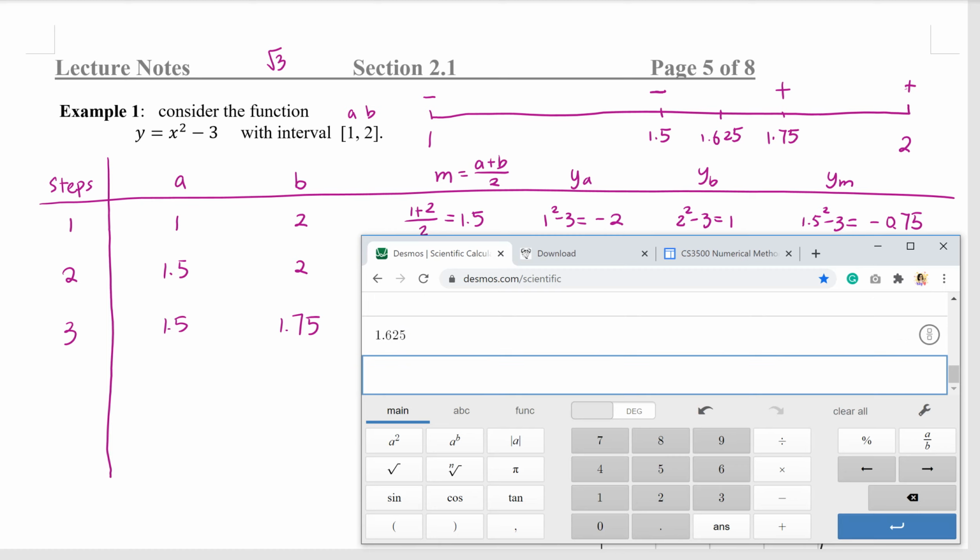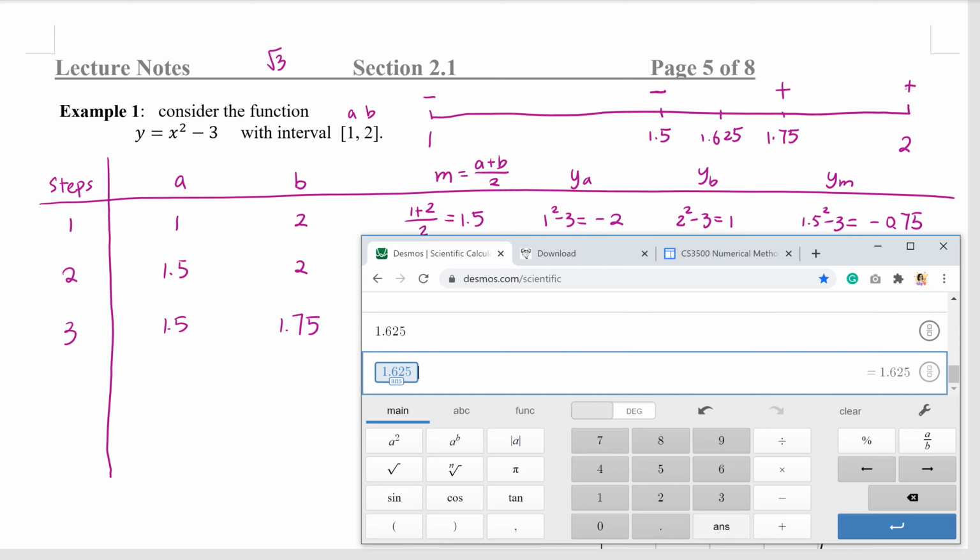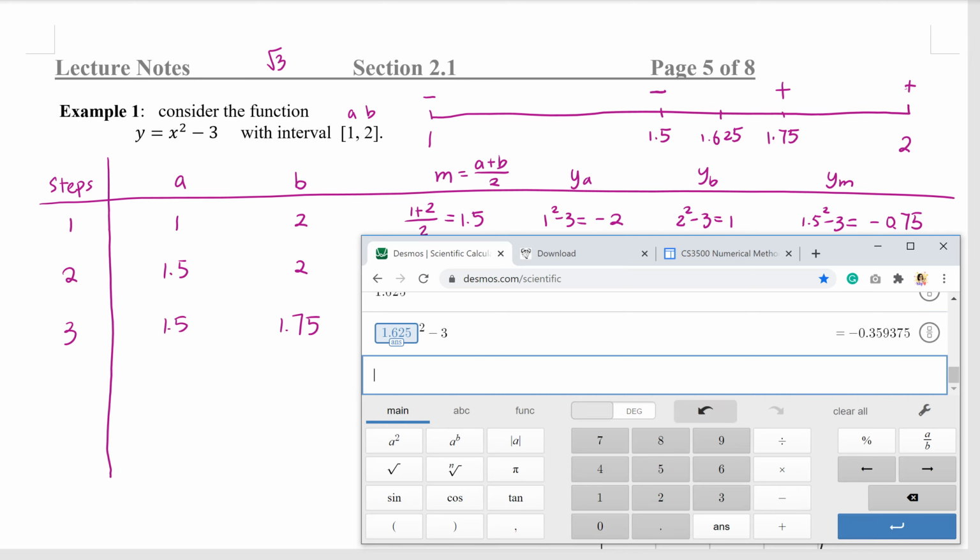But here I can't. Okay, then we just do it again. So answer squared minus 3. But if you have your actual calculator, you can go back to your previous line, then you don't need to type it again. Okay? So the answer is negative 0.359375.